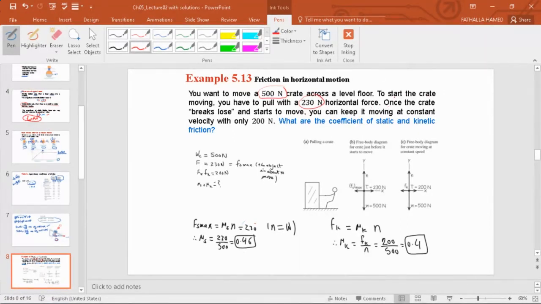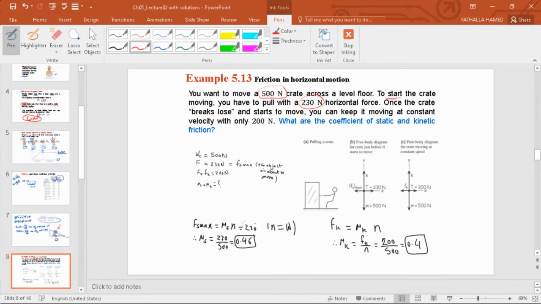They tell you to start moving. So you know, when there is an object resting on a surface and you want to move, you have to apply a force, but you know that there would be friction opposing you. And the maximum friction, the maximum static friction happens when we said it's mu(s) times the normal force, and that's when you break. That's why you need 230 newtons to start moving the object.